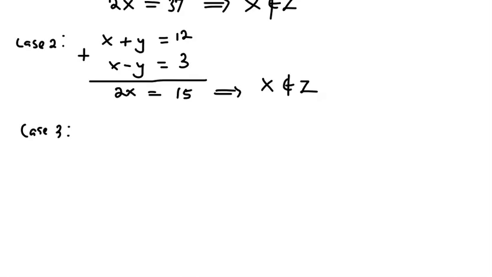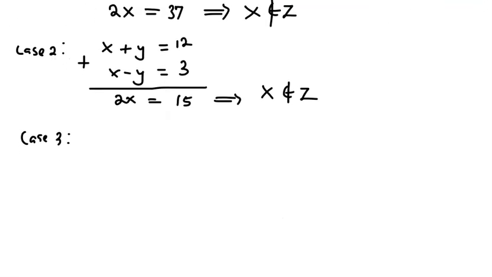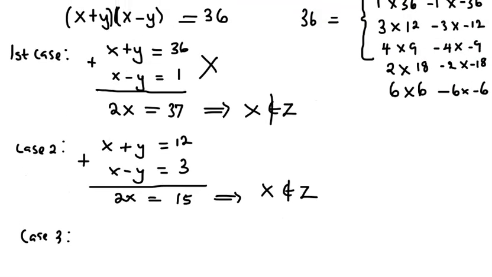In case 3, we're going to use the next pair, 4 and 9, right? Now let's take note of something to avoid all these unnecessary steps and cases. If you add the two numbers and they're not giving you an even number, then we are not going to have an integer solution.